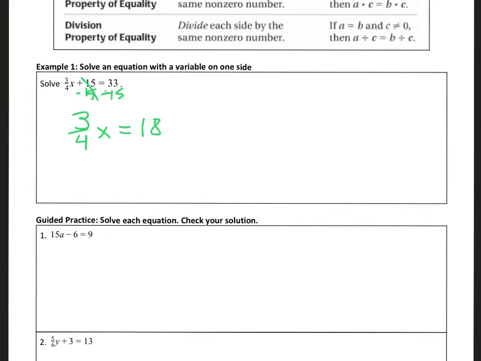The way I read this mathematically is 3/4 times x equals 18. So if you think about it, the opposite of multiplication is division. So I'm essentially going to be taking 18 divided by 3/4. Now what we've got to remember is that dividing a fraction is like multiplying by the reciprocal.